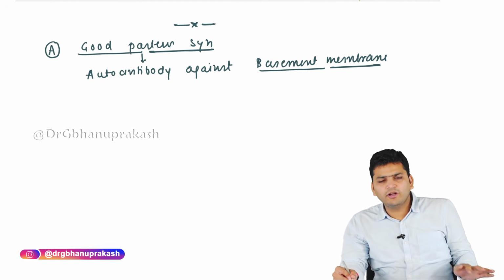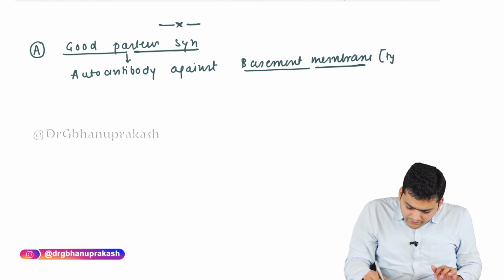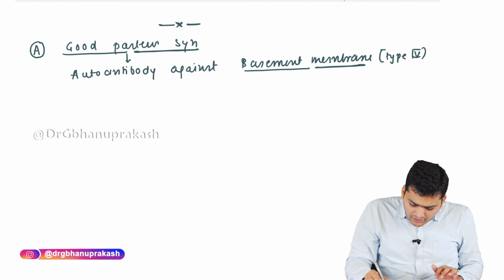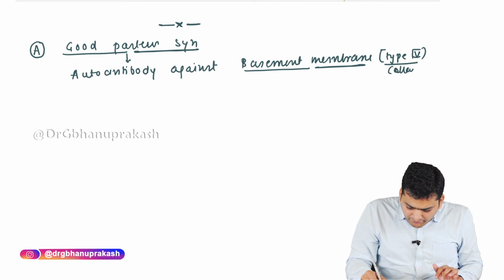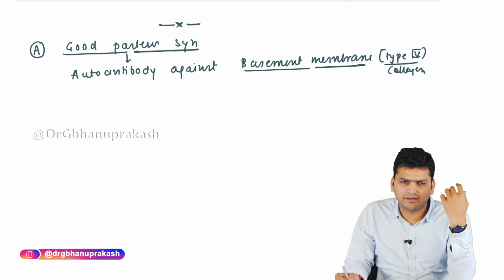The autoantibody is formed against the basement membrane, which is type 4 collagen. The type 4 collagen is completely fine, but the immune system is misdirected.